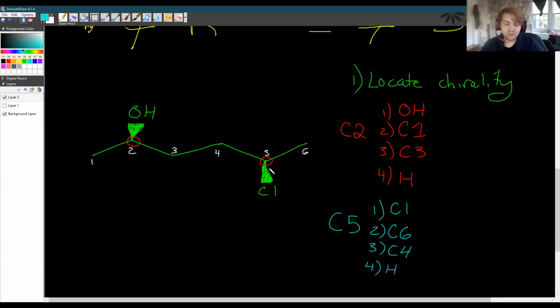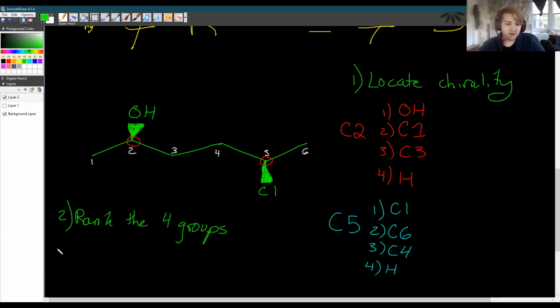Step two, didn't really leave myself room to write this. So if you did, you can write it over there. But step two is now we're going to rank the four groups. And we're going to take each carbon at a time. Like we're going to do all of C2 and that's for C2. And we're going to do all of C5 and that's for C5, right? So we're not going to be comparing C2 with C5. Everything is intrinsic to the one.